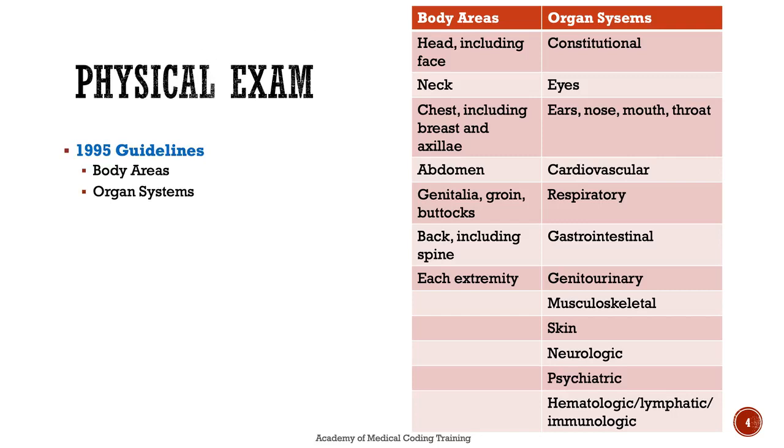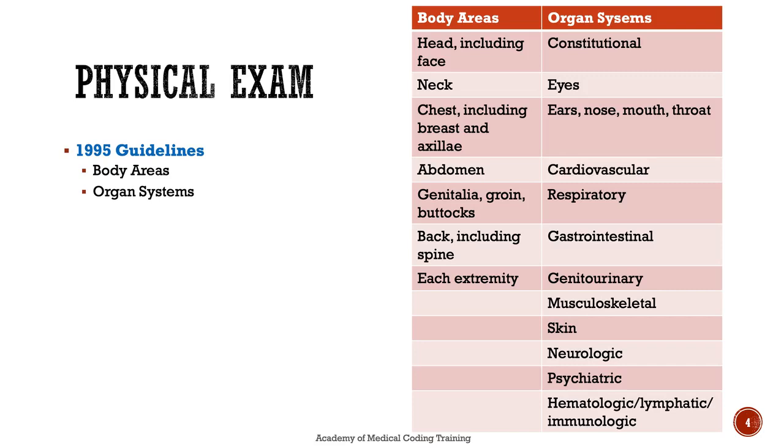So this is the 1995 guidelines. As you can see, it depends on two things, the body areas and organ systems. The body areas are grouped as head, which includes face, neck; chest, which includes breast and axilla; abdomen; genitalia, groin, buttocks; back, which includes spine; and each extremity. This is the anatomical distribution of the body areas.